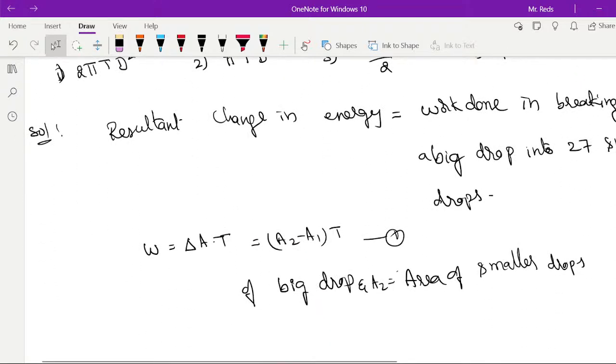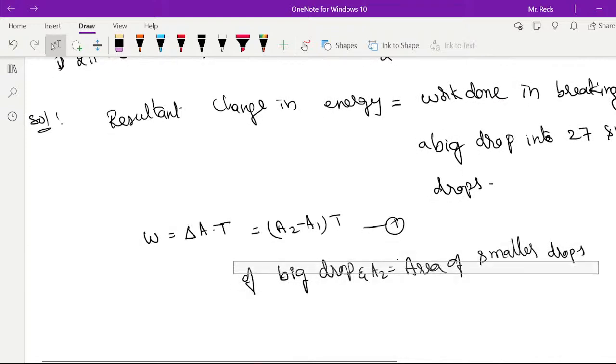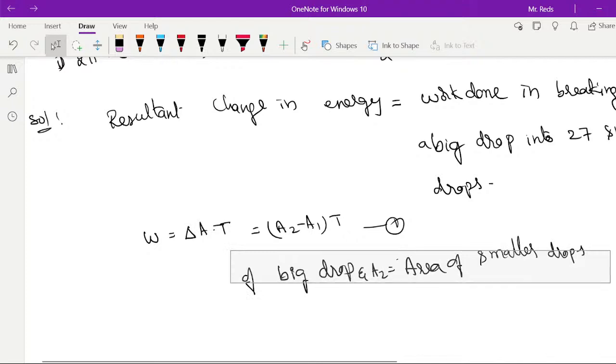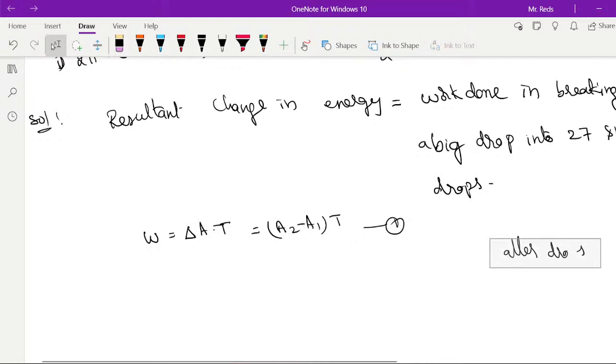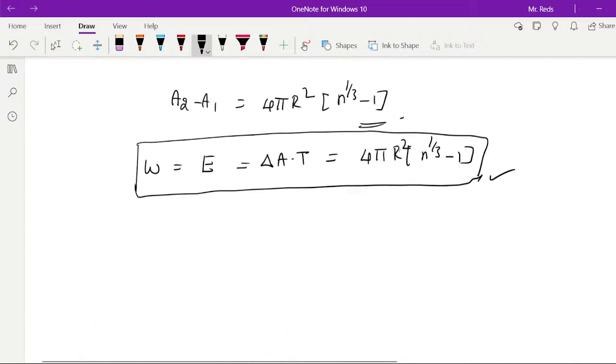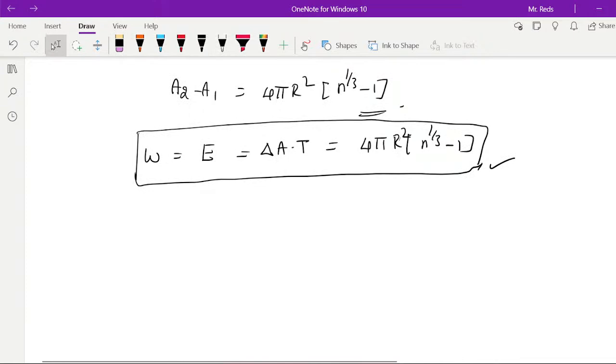So work done is equal to delta A into T, which is A2 minus A1 into T. Here we can directly use the relation A2 minus A1 into T, which is 4 pi R square into (n power 1 by 3 minus 1).